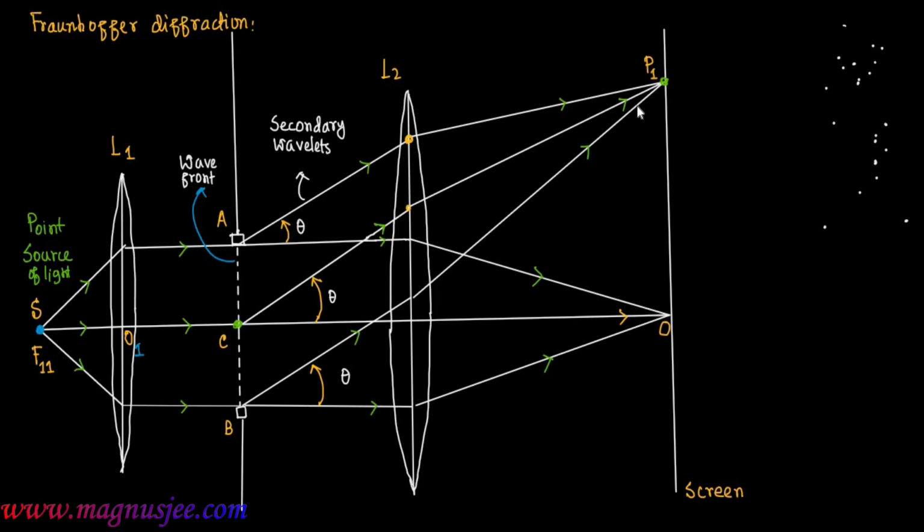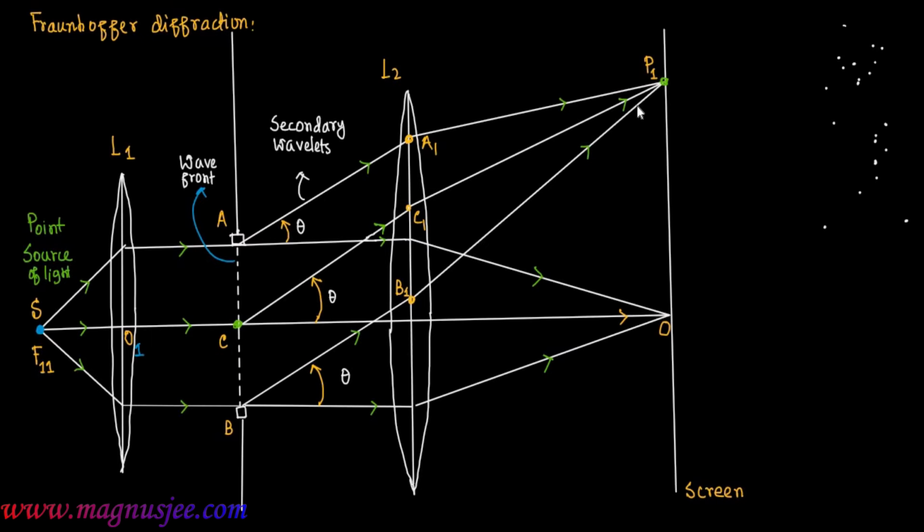Now we can denote different points on the aperture of the convex lens L2. A1, C1 and B1 are the different points at which the secondary wavelets intersect the aperture of the convex lens L2.